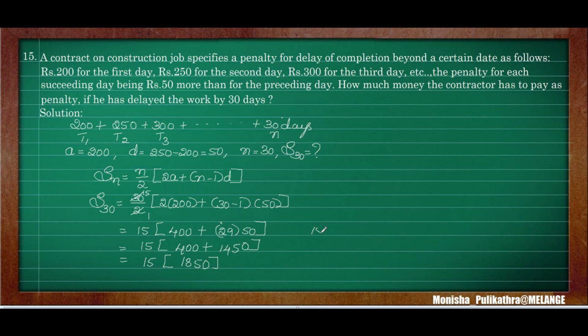Now we multiply 1850 into 15, which gives the amount of penalty for 30 days delay: 27,750 rupees. Hope you understood this problem.